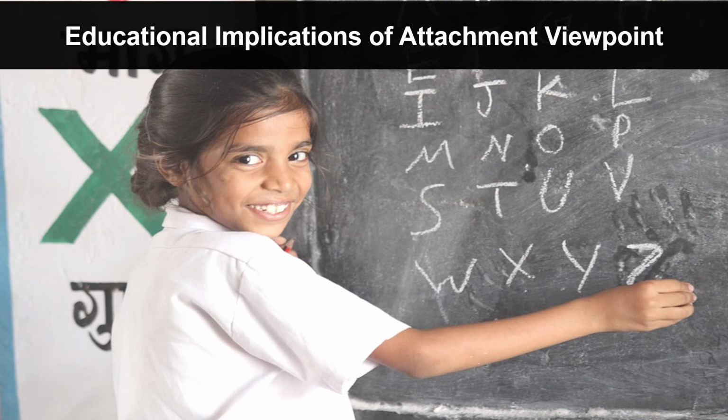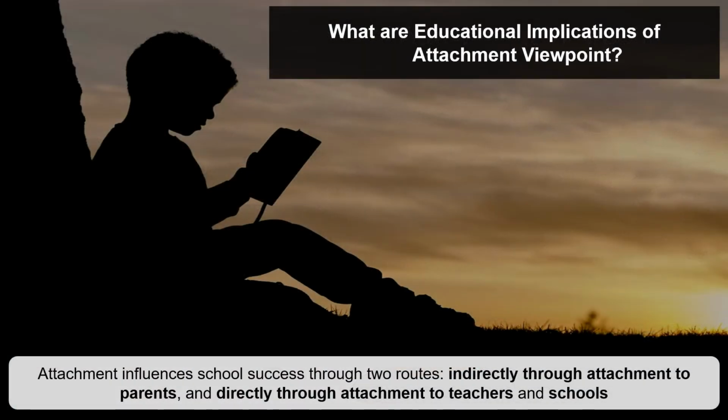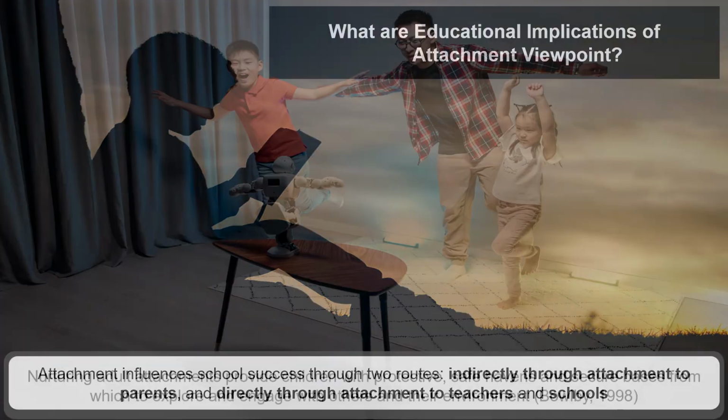Now let us come to the educational implications of the attachment viewpoint. Attachment influences school success through two routes. And what are these two routes? First, indirectly through attachment to parents, and second, directly through attachment to teachers and schools.